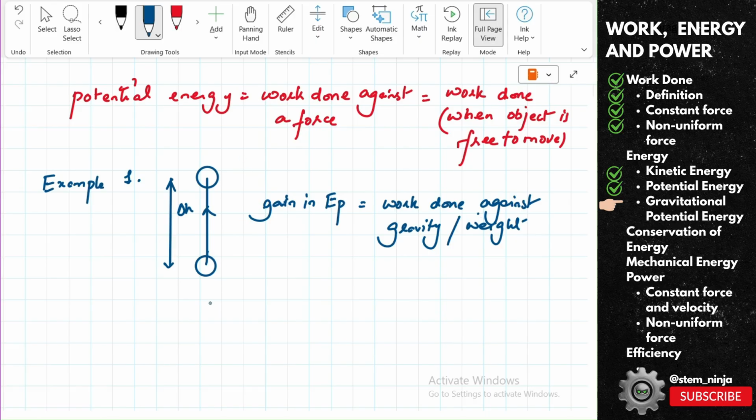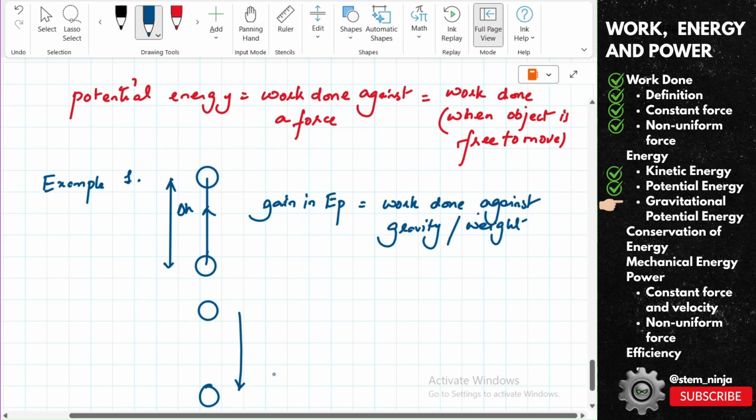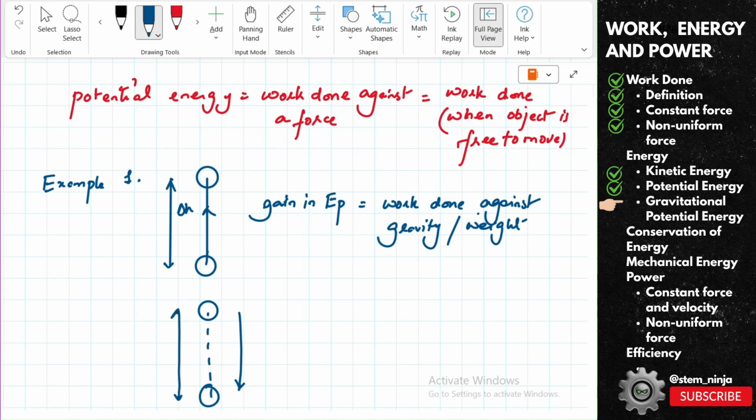But once we let it come back to Earth with the same height change, the loss in EP, or basically the EP itself that we stored inside it, will be equal to the work also.